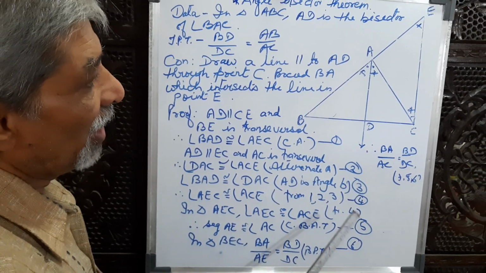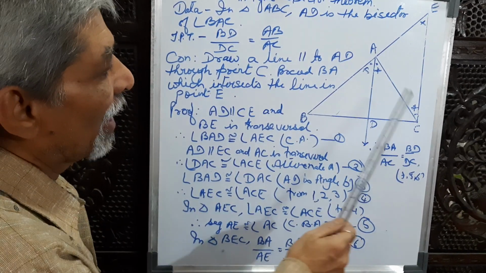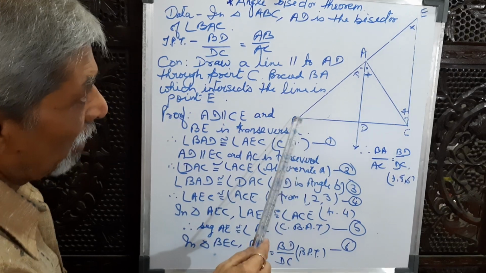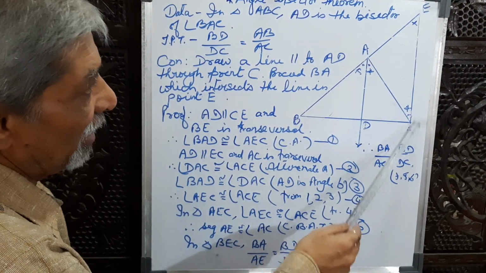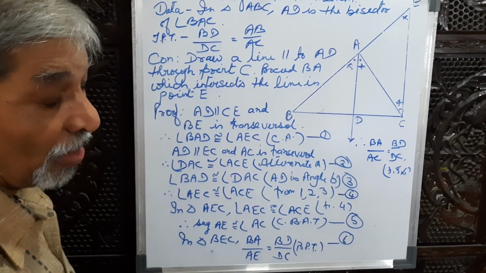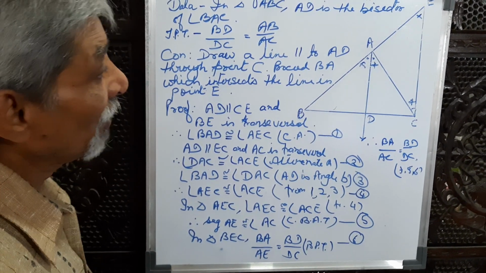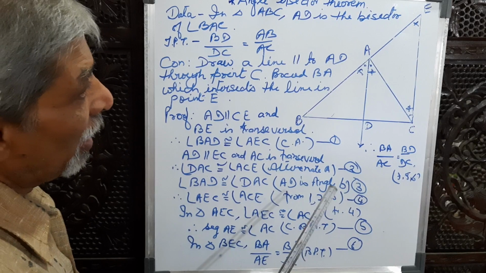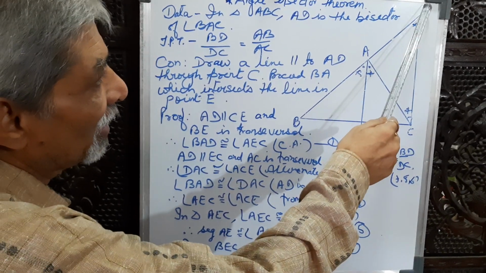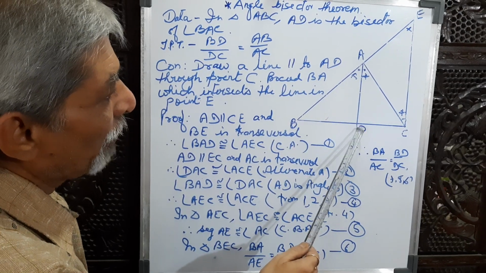Now you will take this whole triangle, that is BEC. In triangle BEC, AD is parallel to EC. That is the basic proportionality theorem we will be using. You will get BA upon AE is equal to BD upon DC.